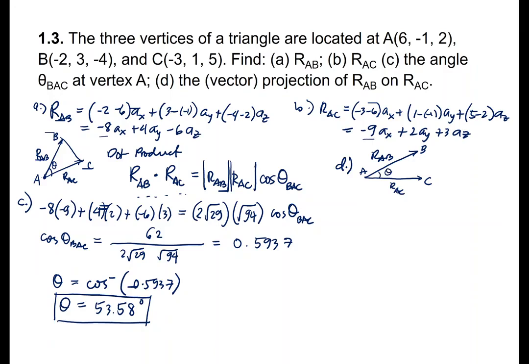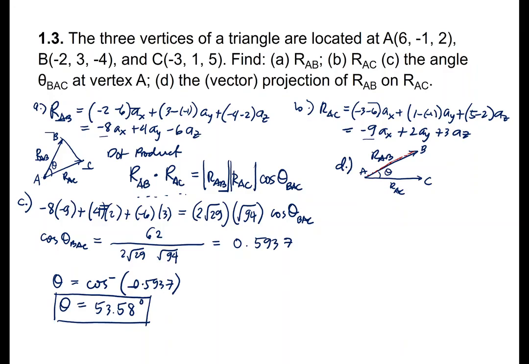The physical meaning of this is that you have the magnitude RAB and you want it to project to RAC. So what we can do here is take the magnitude of RAB, represented by the red line. Then we project that one in RAC.